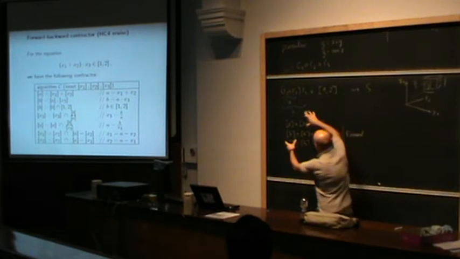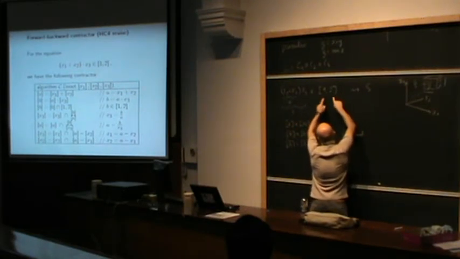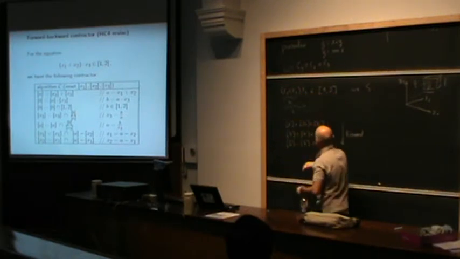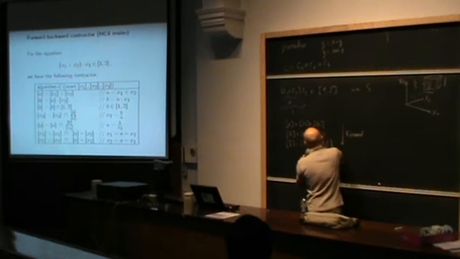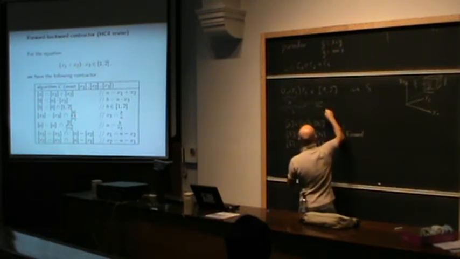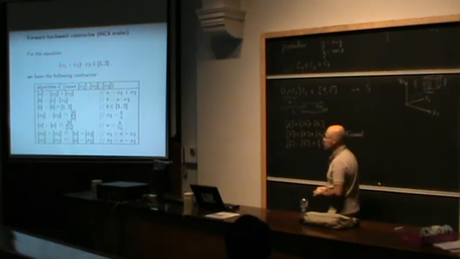Now, I arrive here, and I want to bring back the information from this domain toward x1, x2, x3. So I have described the forward, and now I will describe the backward contraction procedure.